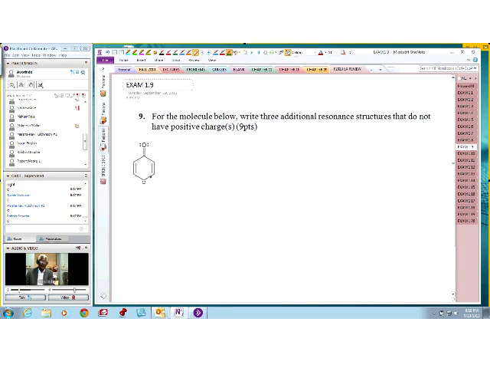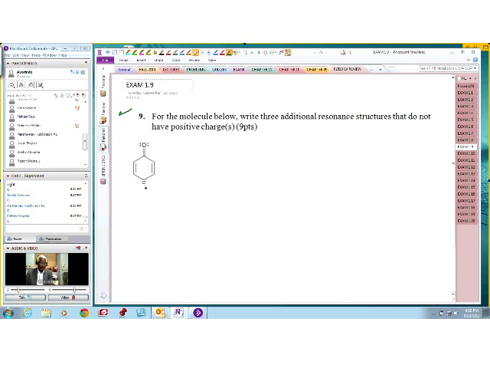Danuchika Gelin, can you go ahead and read question 9 for us? For the molecule below, write 3 additional resonance structures that do not have positive charges. Thank you, and very good. So for the molecule below, which is this molecule here, write 3 additional resonance structures that do not have positive charge or charges.